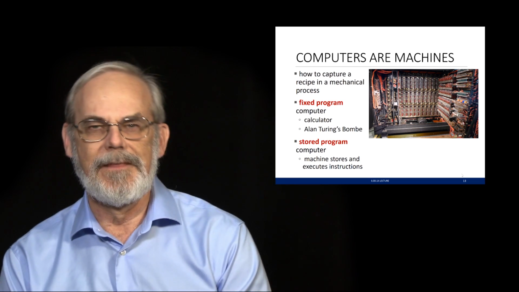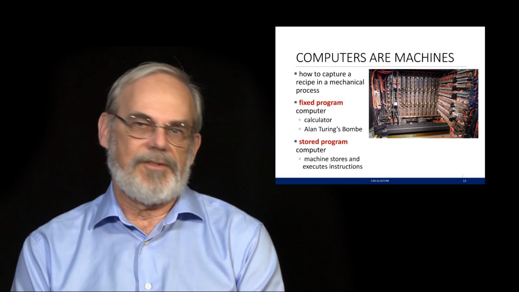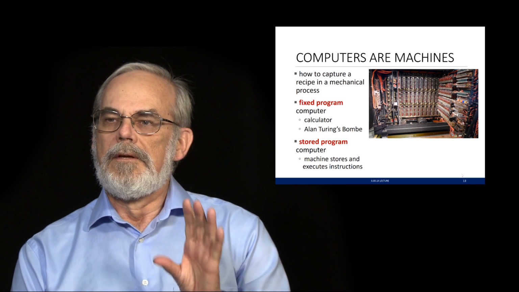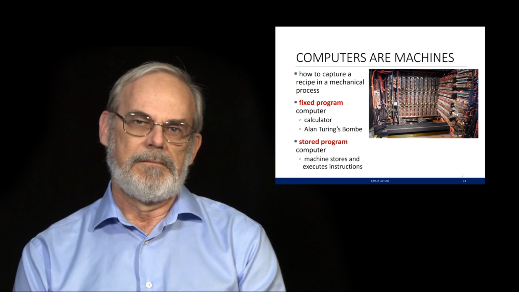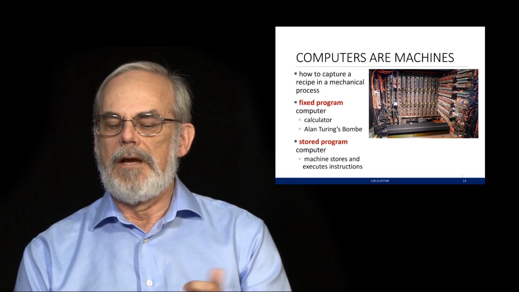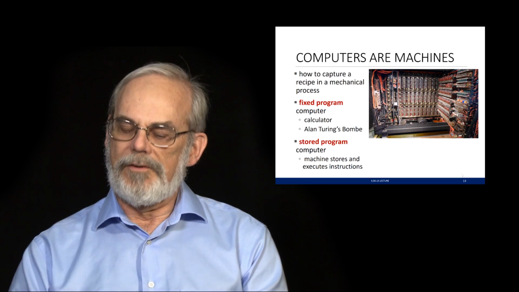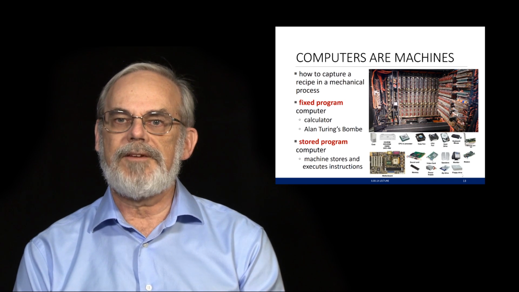You get the idea. The alternative is what's called a stored program computer, and that's what you're used to seeing. Difference with the stored program computer is that you can load into it that description, that sequence of instructions, that recipe. And then inside that computer, there's going to be a set of parts that are going to do those instructions when I ask them to.